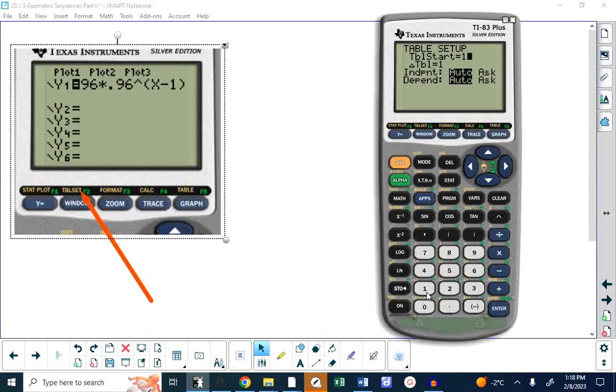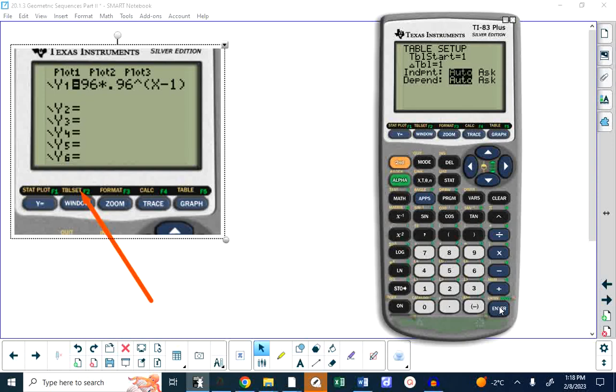This is supposed to be a triangle. And a triangle in math and science means delta. It's a Greek letter called delta, and it means change in. So what is the change in x that we want? Well, I want to start at 1 and go up by 1. This is going to generate a table where x is 1, and then 2, and then 3, and then 4.